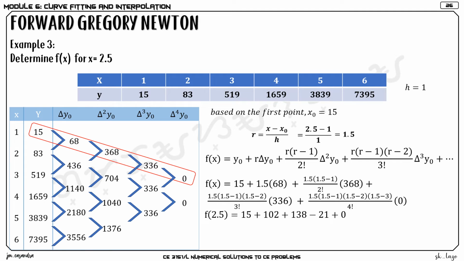So simplifying this equation, we get the function of x equal to 2.5 is equal to 15 plus 102 plus 138 minus 21 plus 0, or f of 2.5 now is equal to 234.